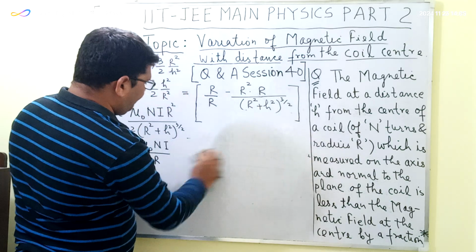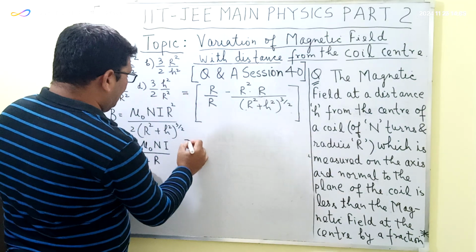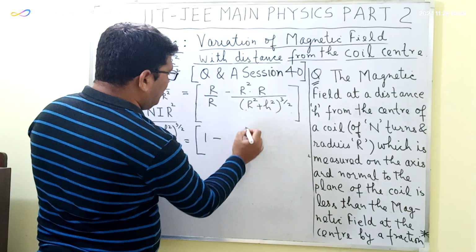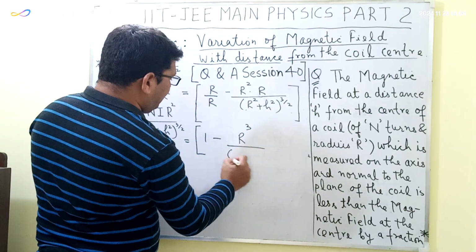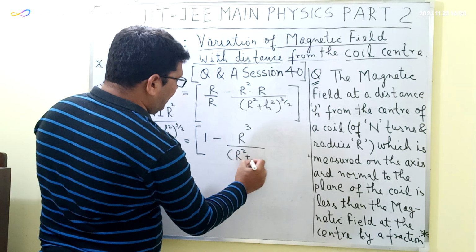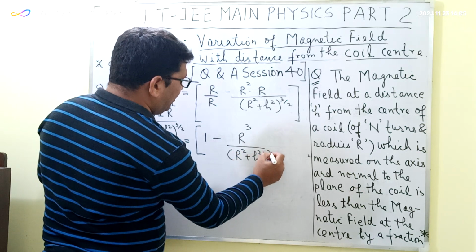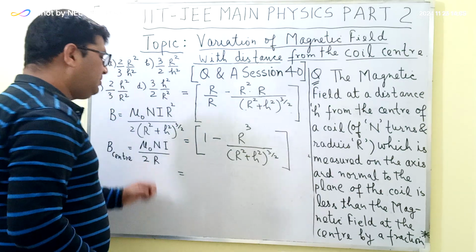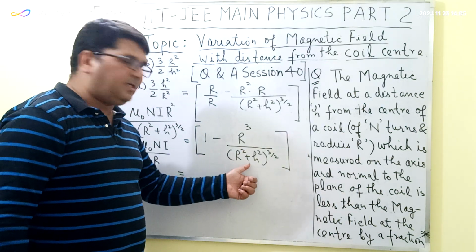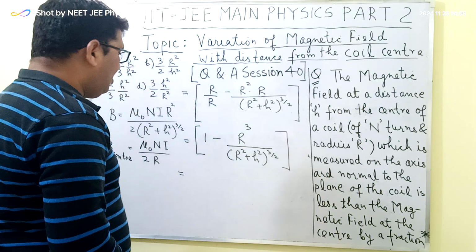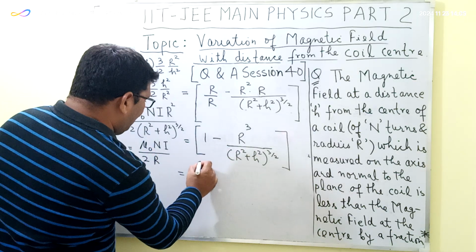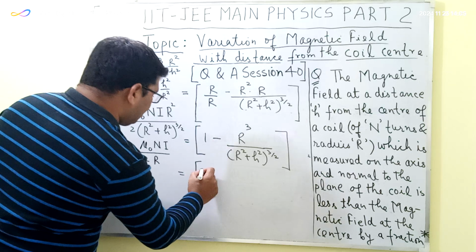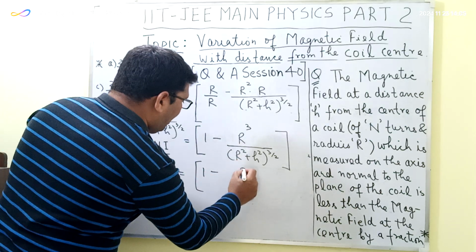So from here, this will be equal to 1 minus r cube divided by r square plus h square to the power 3 by 2. And now here I will be using the binomial expansion, or simply first of all I will be just taking this r square as common, so this will be equal to 1 minus r cube.